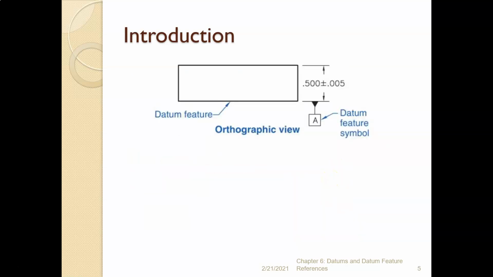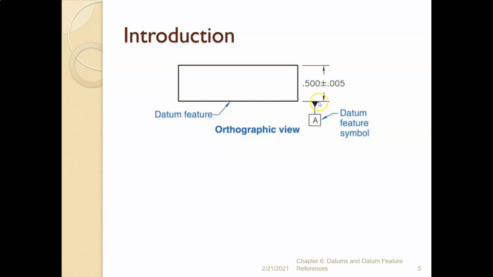So this is a little bit more terminology. Some of this is important to know. Some of it, you just want to keep in the back of your mind while you're reading. It'll come up. But on a drawing, here's our datum feature symbol.